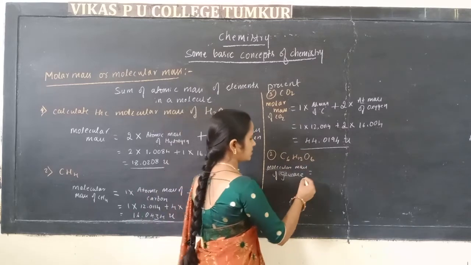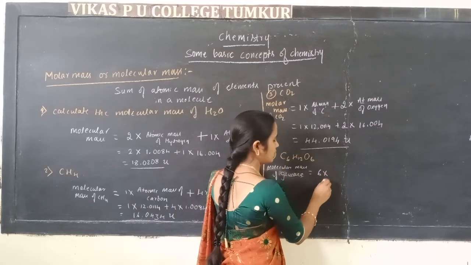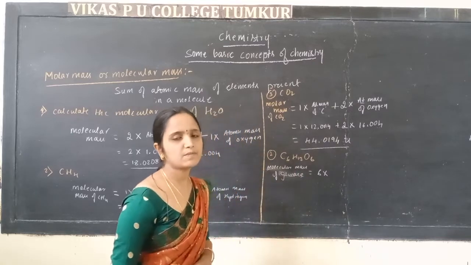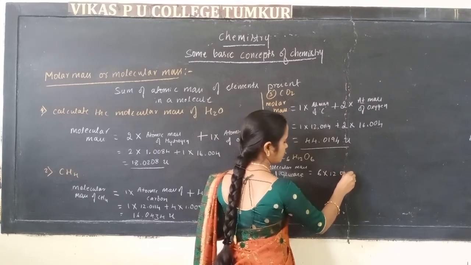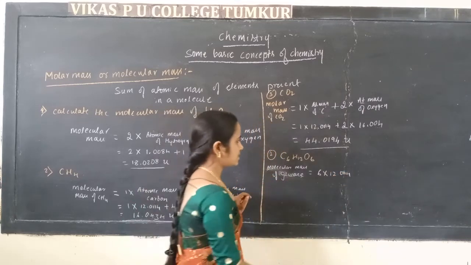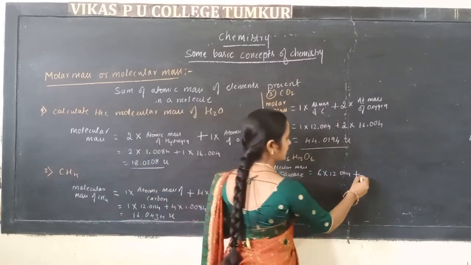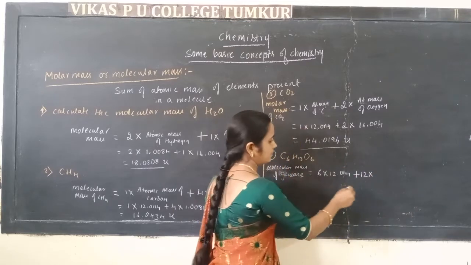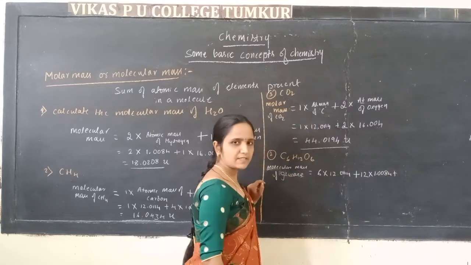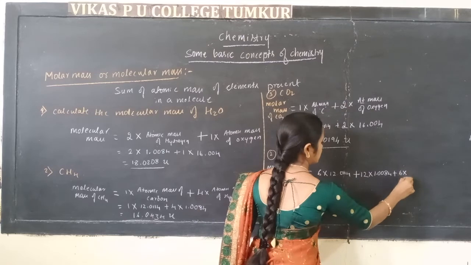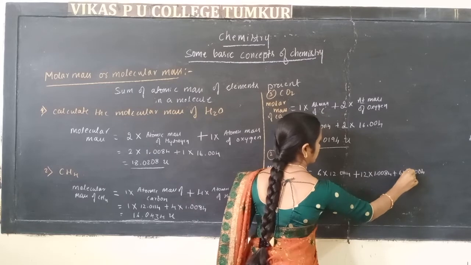Here, first the carbon: the number of carbon atoms is 6. So 6 into the atomic mass of carbon, 12.0114, plus the number of hydrogen atoms is 12, so 12 into 1.0084, plus the number of oxygen atoms is 6, that is 6 into 16.004.